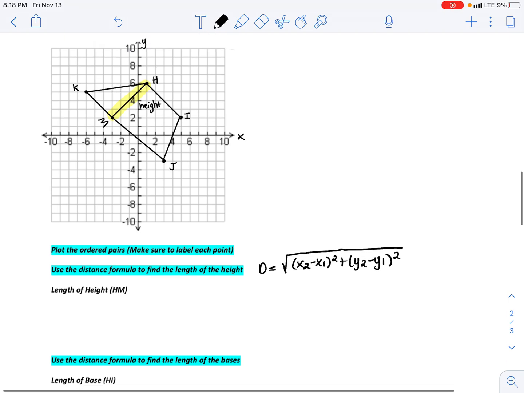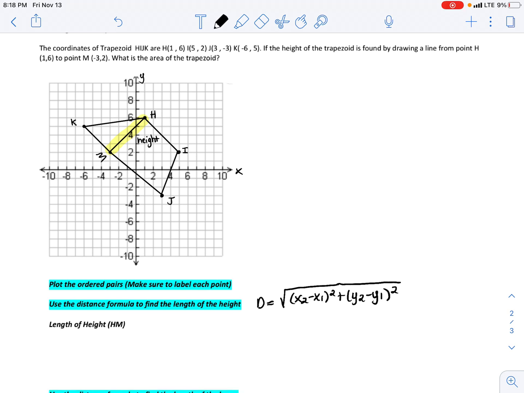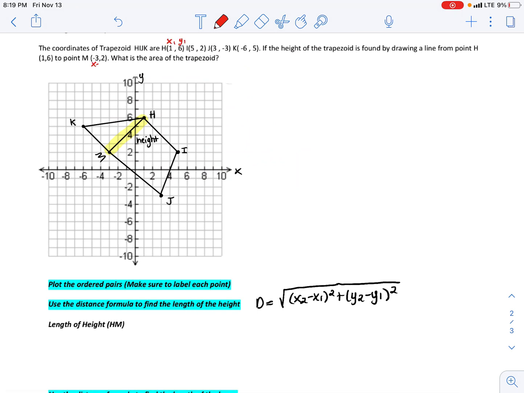And so here I'm just going to go back up and label my H and my M as x1, y1, x2, y2. So this is x1, y1. This is x2, y2.